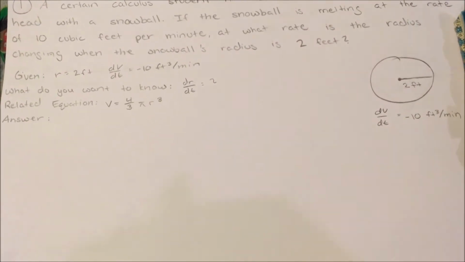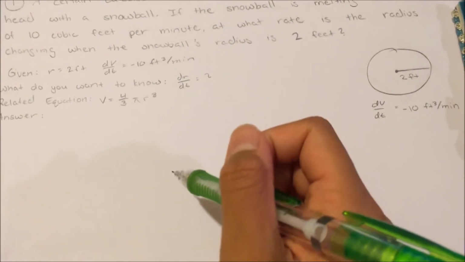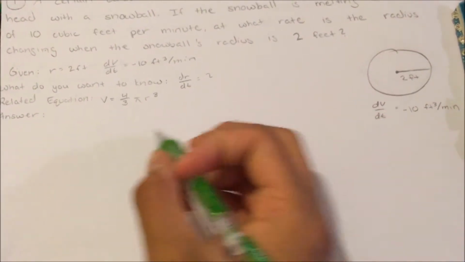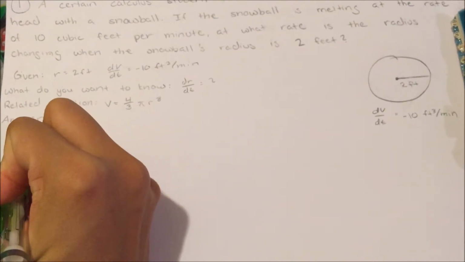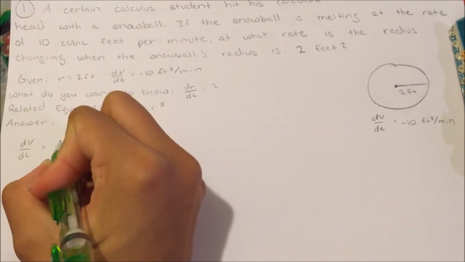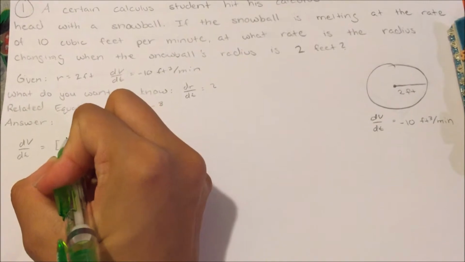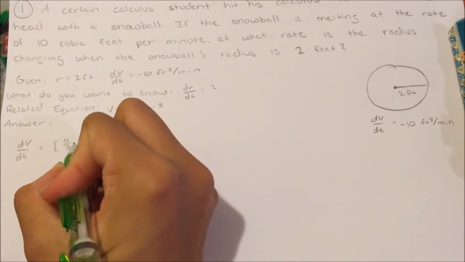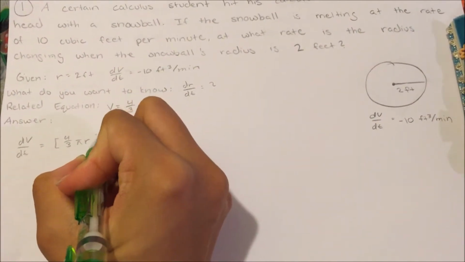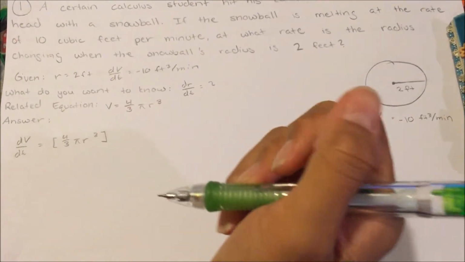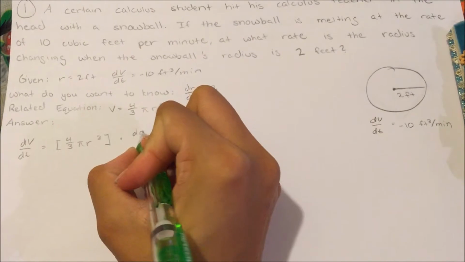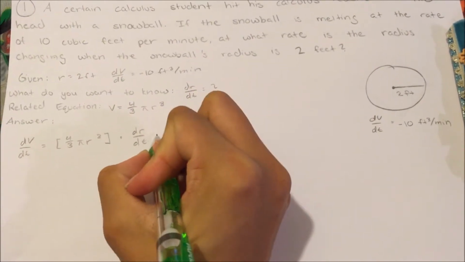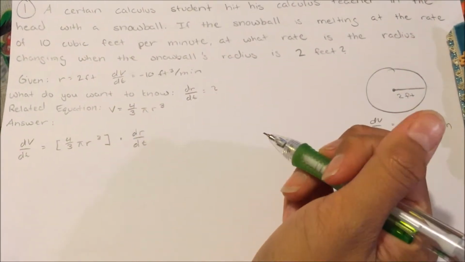And to solve it, we're just going to take the derivative of this equation. So our dV/dt equals just the derivative of 4/3 pi r cubed, and we're going to times that by our rate. We're doing this according to our chain rule.